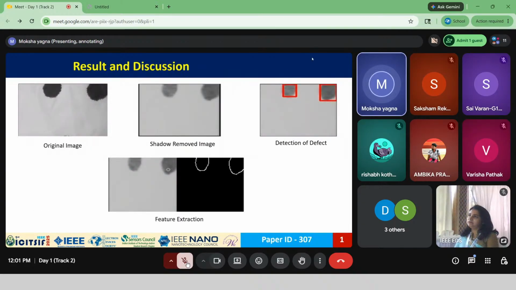These are the results we found. This is the original image. Firstly, we removed the shadow using CNN, and then for detection, we used Gaussian noise, thresholding, and morphological operations. For feature extraction, we used SIFT and Canny edge detection.